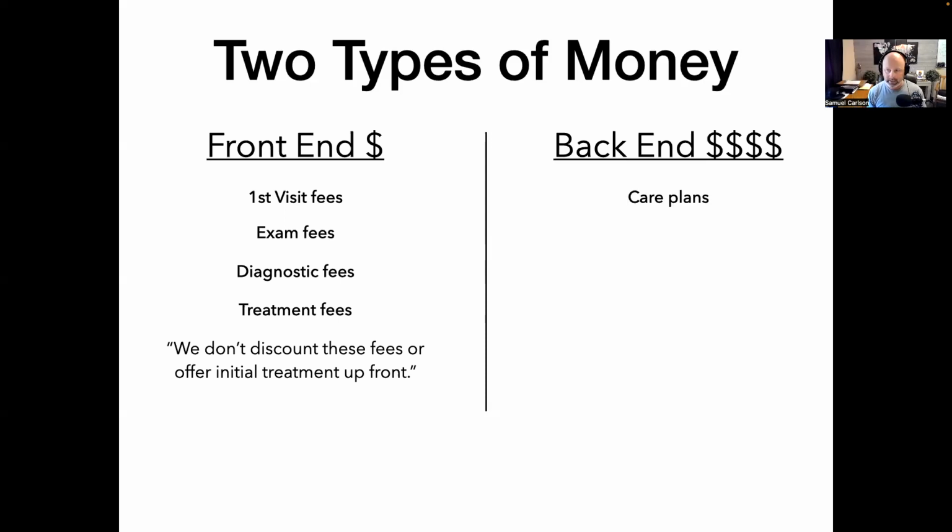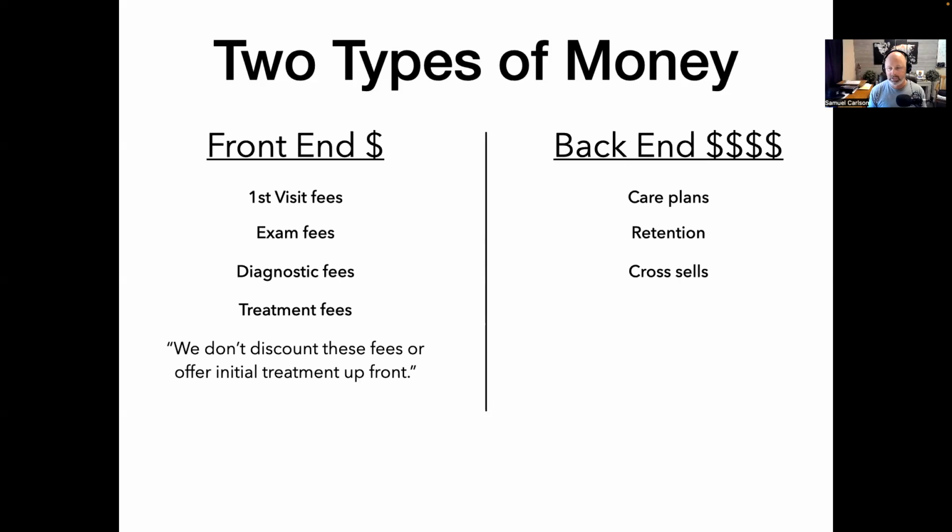Your back end money are your care plans, and long-term retention, meaning people not just showing up for a visit or two, but showing up and staying for a long time. Number 3, cross sells. I can't tell you how many times when I was actually in clinic, helping clinics do this, somebody would be in care for 4 or 5 weeks.